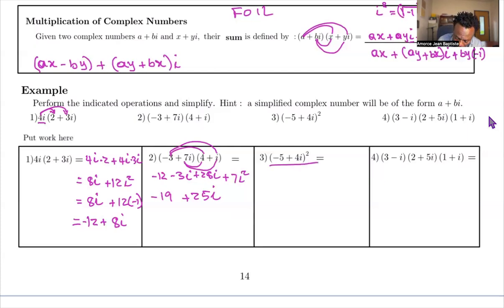So here's another example. It's negative 5 plus 4i squared. So it's going to be negative 5 plus 4i times negative 5 plus 4i, right? And then FOIL this: that's going to be positive 25.